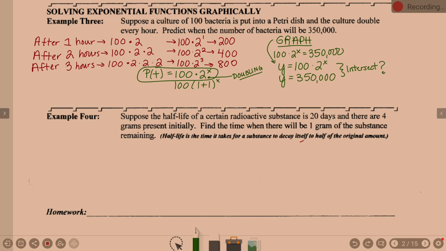Well, 350,000. That's what it says up there, yes? So now I have my 2 curves. What's a guess say to do? Move my cursor to the area of where I want to see. And now it's telling me the intersection point is 11.773139 and 350,000.